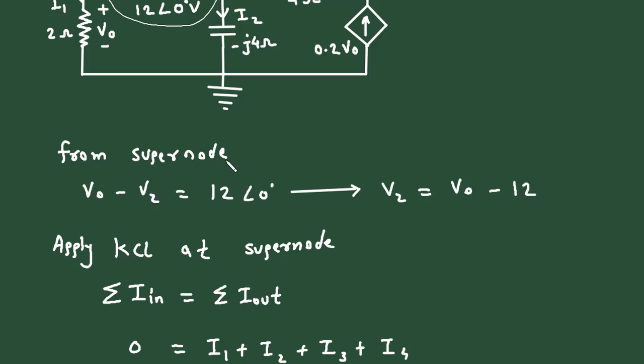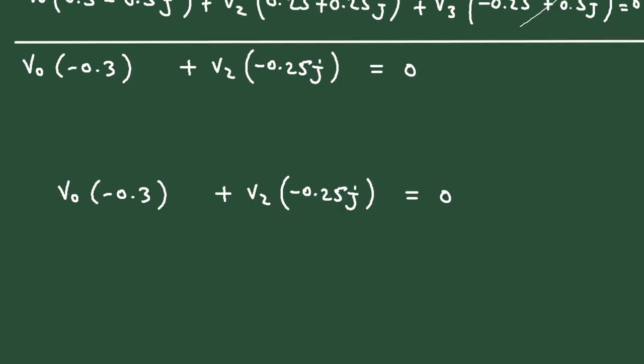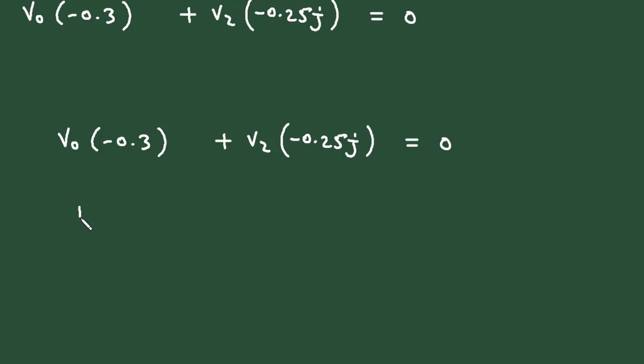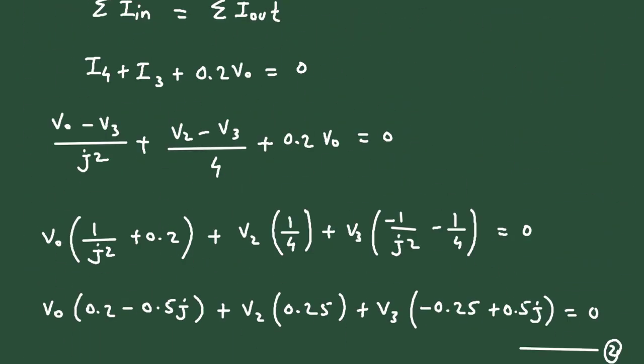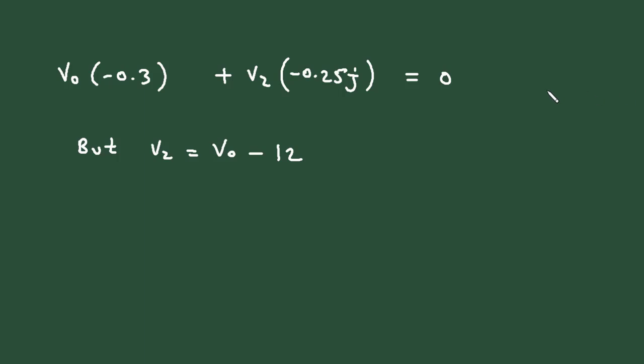So if we take this 12 on this side and V2 on the right side, V2 is equal to VO minus 12. So let's put this value here.